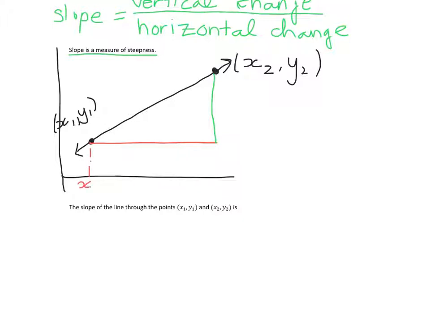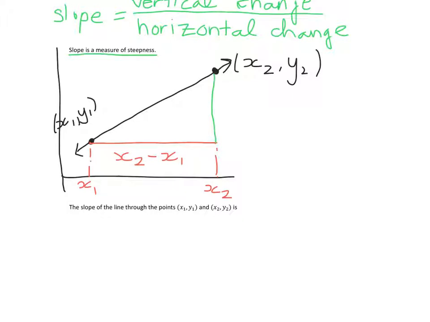This would be x1, and then this would be x2. And so x1 to x2, it's the distance formula. Distance is subtraction. So that horizontal change is x2 minus x1.